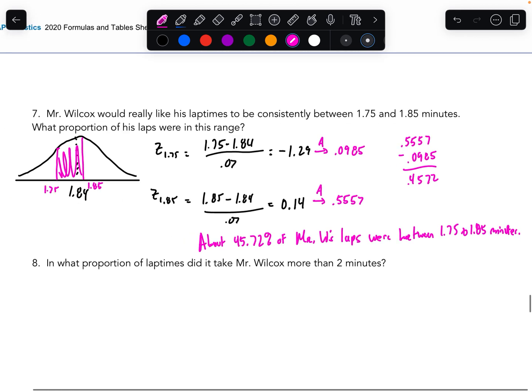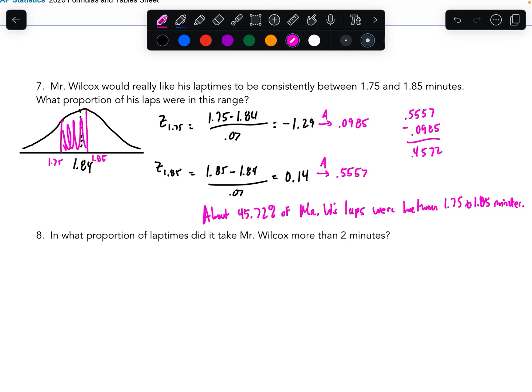All right. And what proportion did he take more than 2 minutes? So it's more than 2 minutes, that's the keyword. You're looking at a small number here, and we want to make sure that we get to the right side of this.